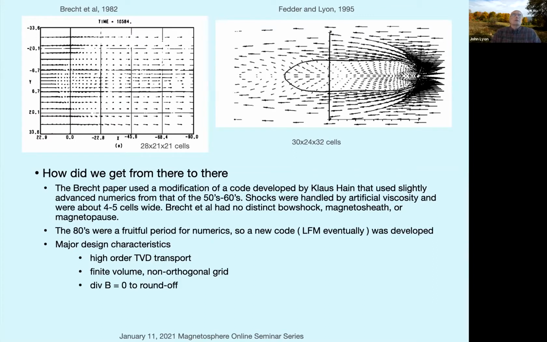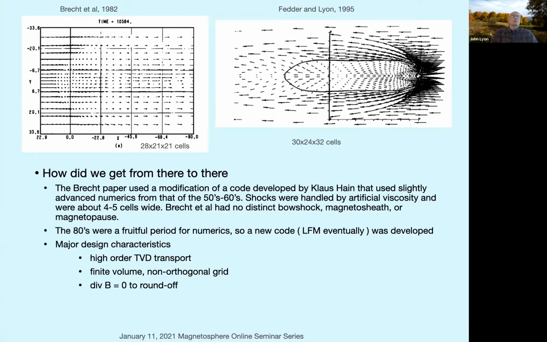So in the early 80s, and into the mid 80s, there was quite a bit of work going on in what's known as shock capture and numerics. And so we decided that it was worth writing a code that would try to use the best practices that were available at the time. So we had major design decisions.